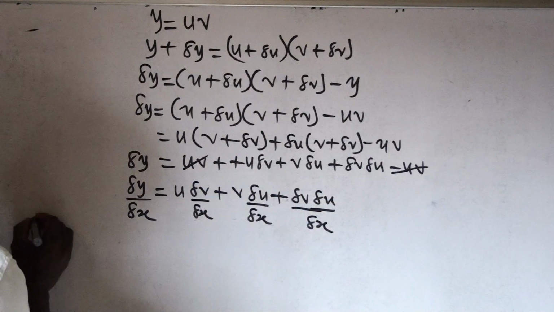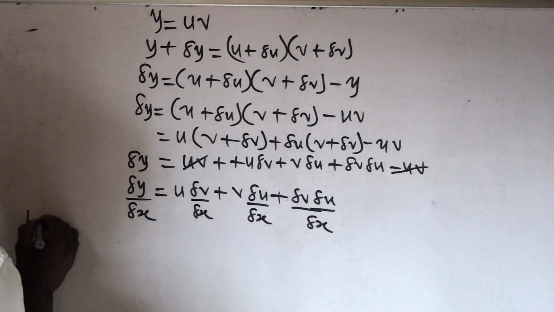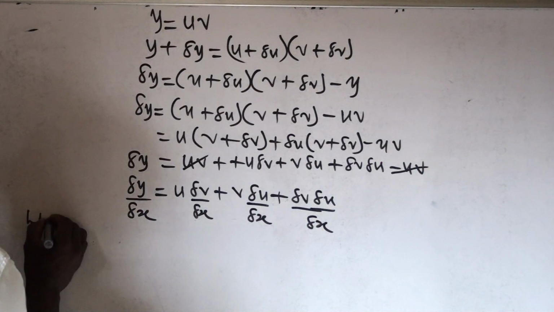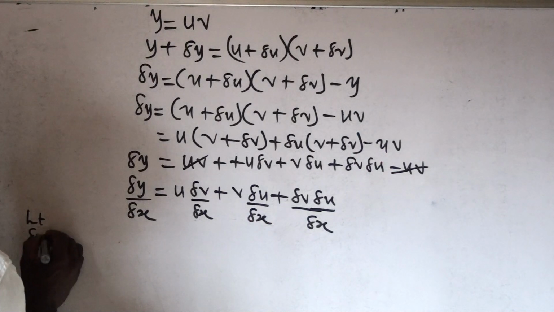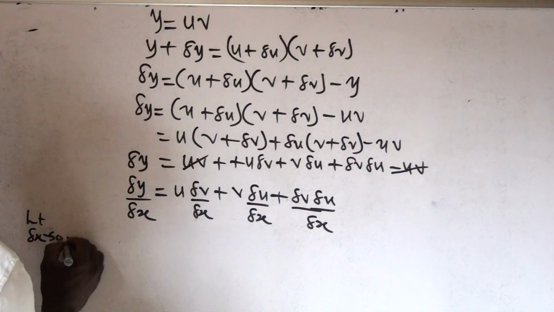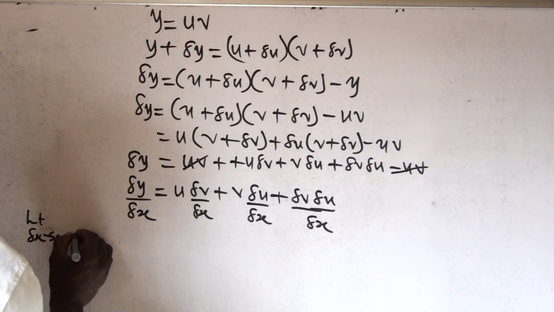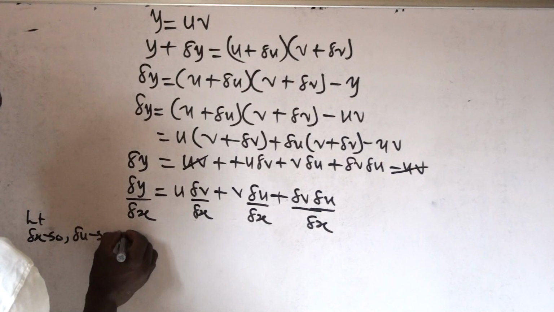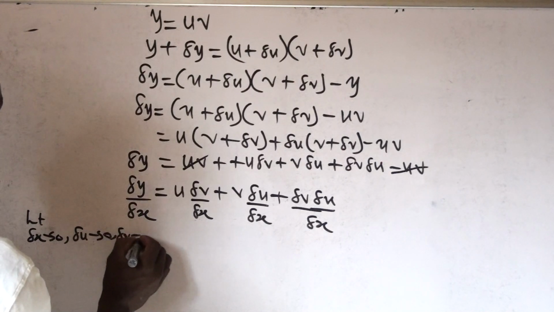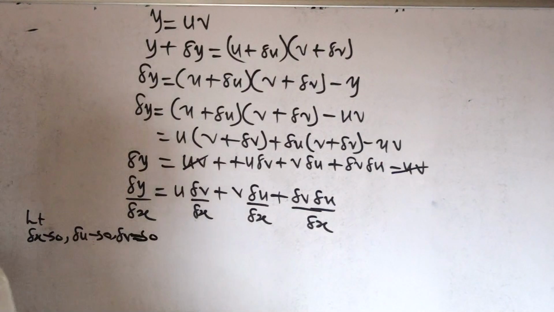So here this will become the limit as delta x tends to 0, and delta u also tends to 0, as delta v also tends to 0.